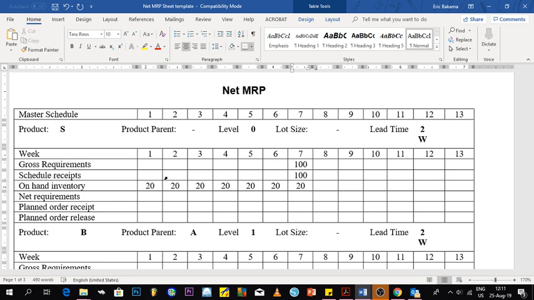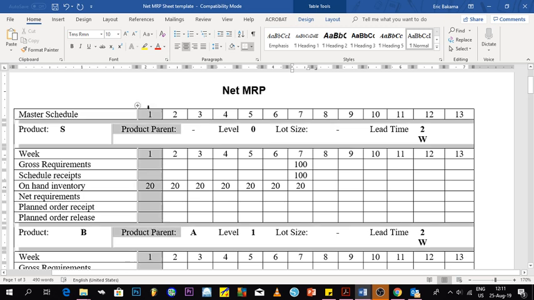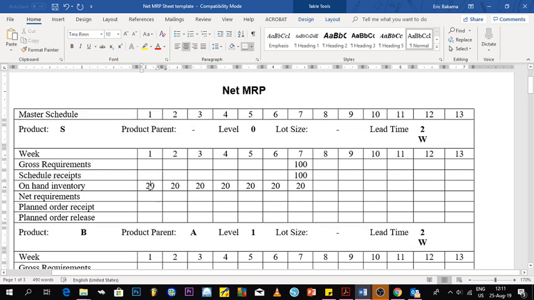We assume that from the moment the company opens the stock, they already have 20 units, which is in period 1. So those items have been in the inventory from the first day till the day the customer places an order. From the day we opened the factory on week 1, we had 20 units in stock, 20 all the way till week 7. That's why the 20 goes all the way till week 7.